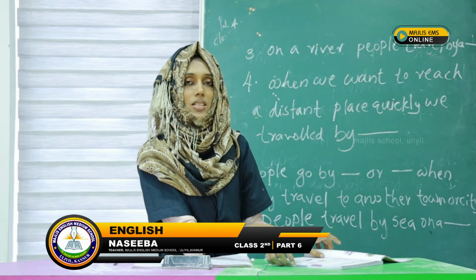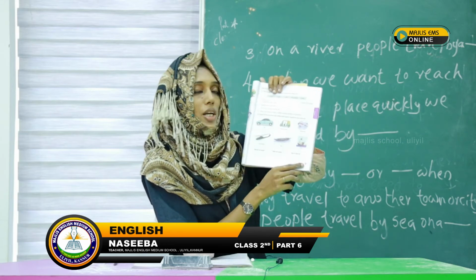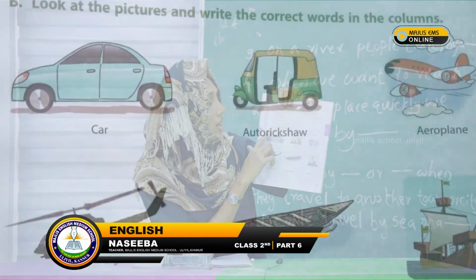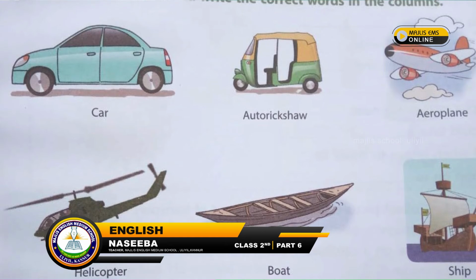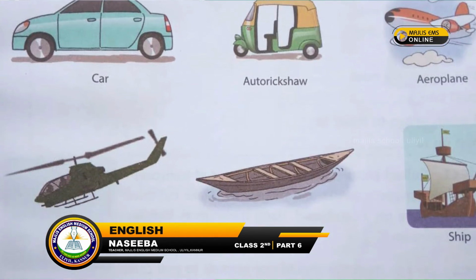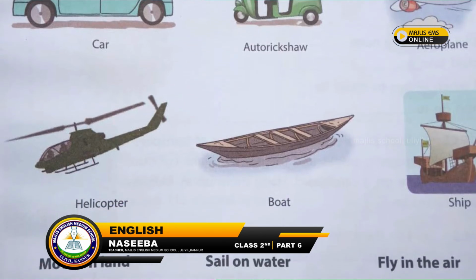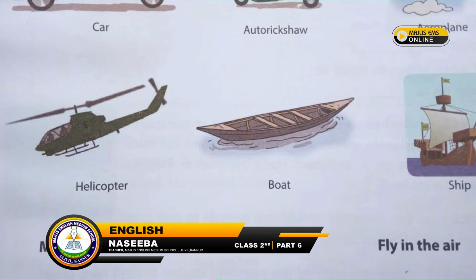Then next I will give you homework from your textbook. Take page number 19 and look at part B. Look at the pictures and write the correct words in the columns: car, auto rickshaw, aeroplane, helicopter, boat and ship.